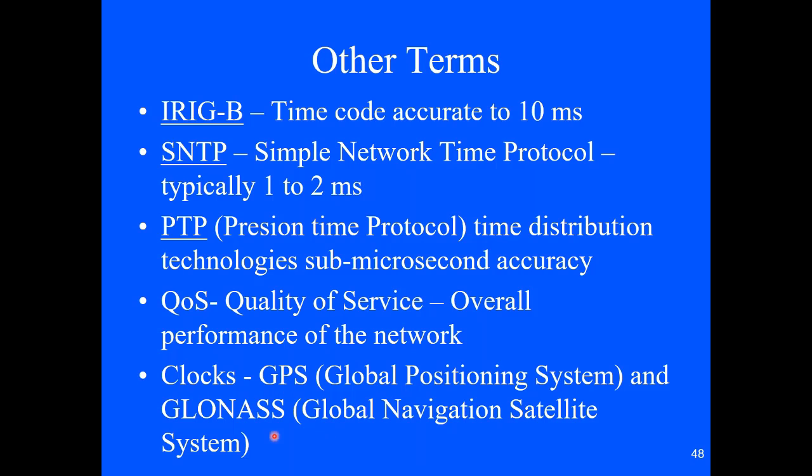GPS is the US one, but GLONASS is the global navigation satellite system that's used from Russia. So we've actually got some relays that are up in the Arctic Circle, and there we chose to get GPS clocks that had both of these. So if it loses a GPS signal, it can go to the GLONASS and pick up the signal there. So that's kind of cool.